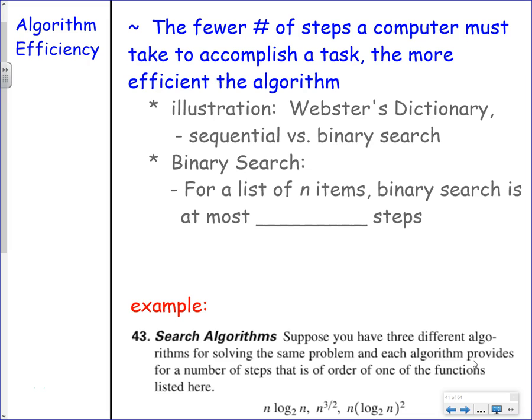Anyway, for listed items, the binary search takes at most log base 2 of n steps. Because you could rewrite that, that's an exponential function, right?